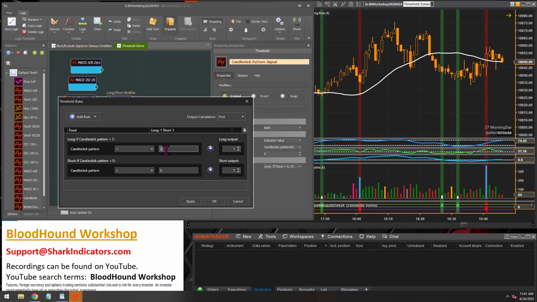So in this fictitious example I'm making up here, if you only want to look for strong signals, then you do something like this. Any value that's greater than or equal to 2, so 2s and 3s, would be identified by the threshold solver, the stronger signals, and then this negative or equal to -2.